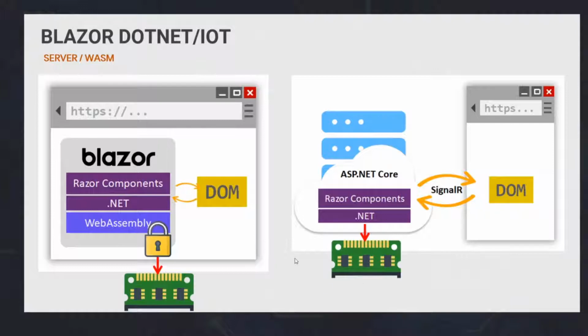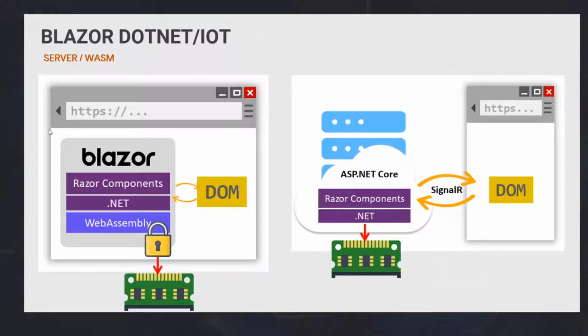two ways to make an application. We have the Blazor WebAssembly and the Blazor Server, right? For embedded devices and IoT, the best way is to use the server mode, the Blazor Server mode, okay? Because as I'm showing here, on this side we have the Blazor WebAssembly, right?